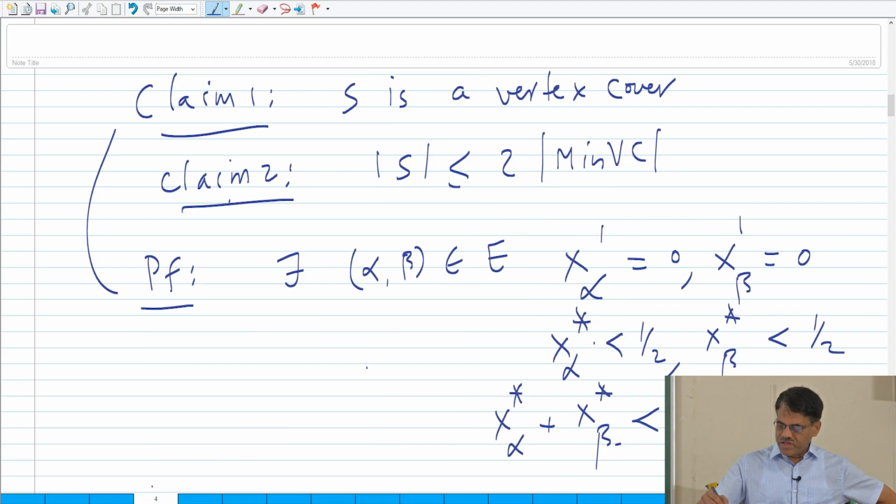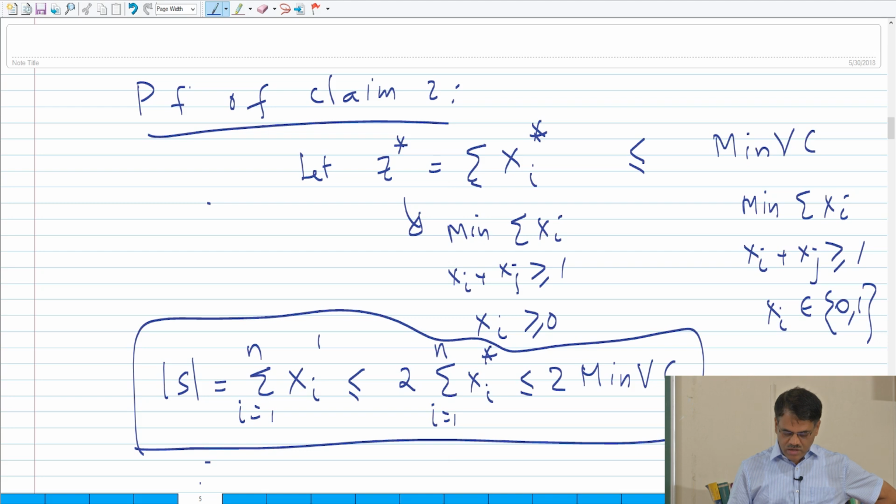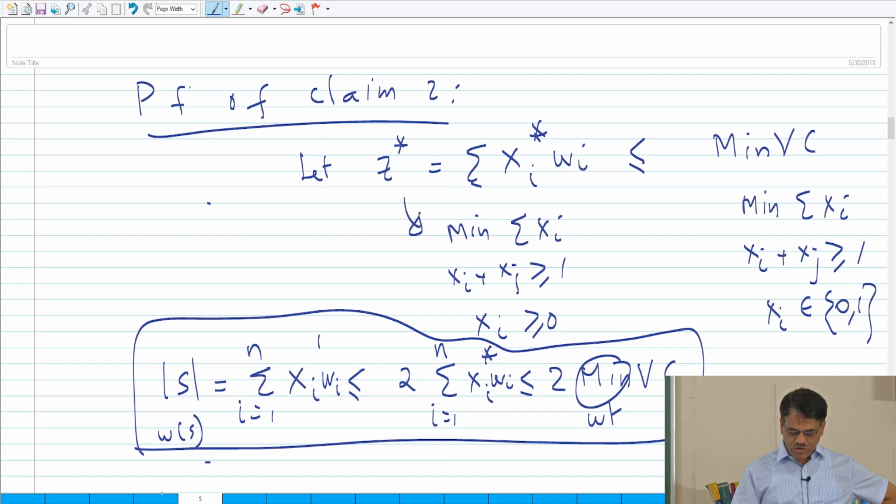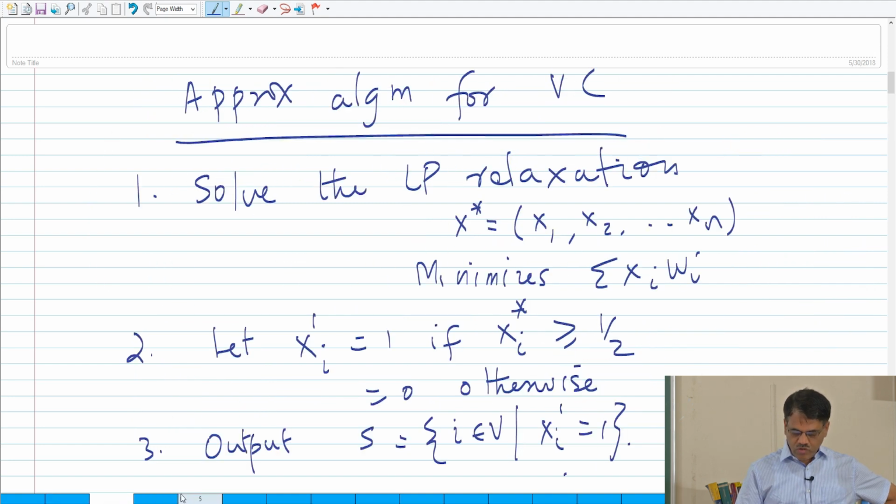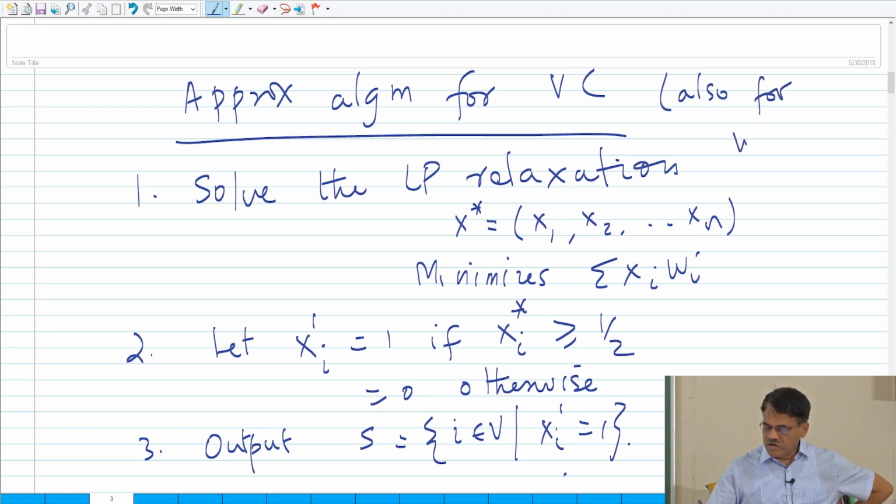Now, the argument that S is a vertex cover will follow, and to show that, not the cardinality of S, but the weight of S, which is summation Wi xi prime, xi prime is at most xi star. Everything remains the same. You can just go back and do the whole thing, also for weighted vertex cover.